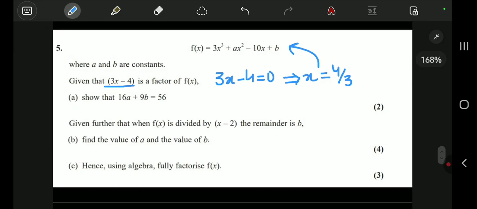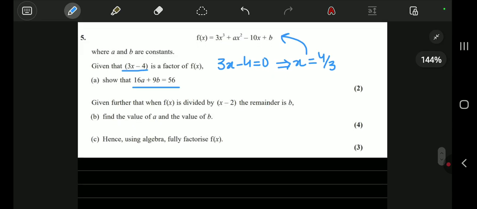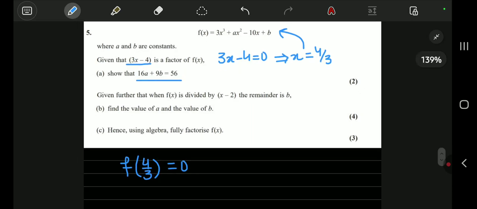So let's do that and find from this the expression in a and b. f of 4 over 3 should be equal to 0, as 3x minus 4 is a factor of this function. So let's substitute this value in the function.